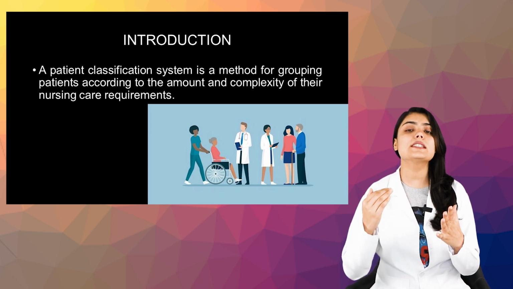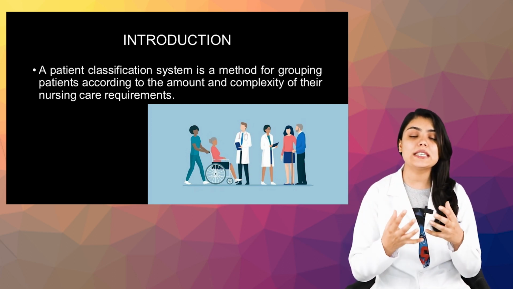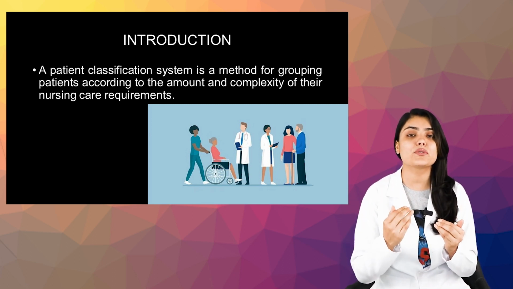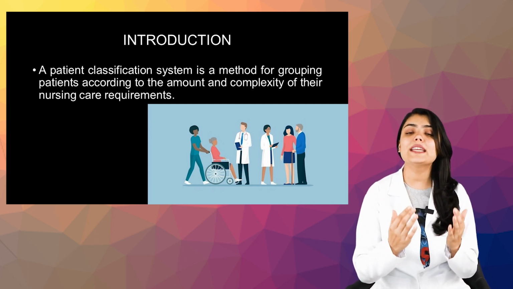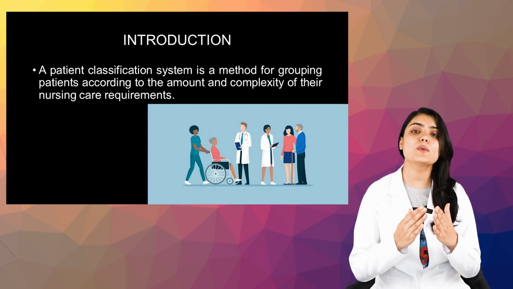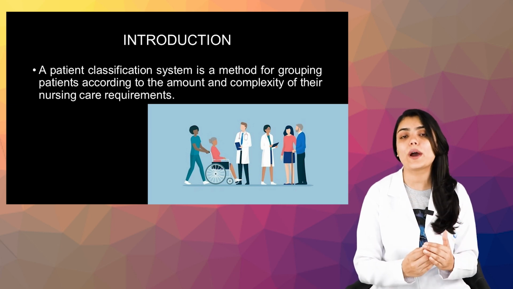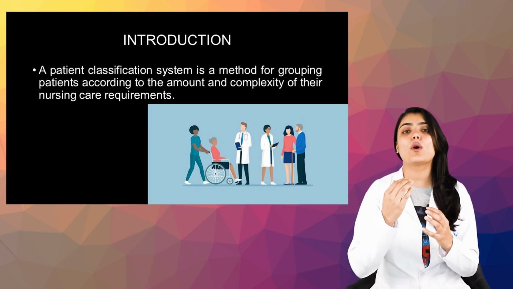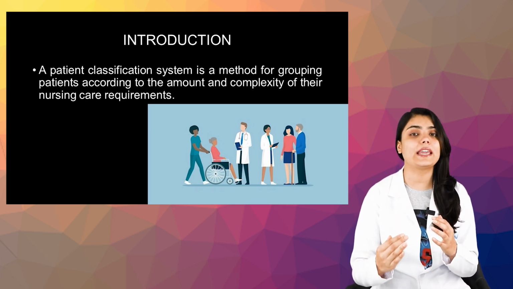So when we categorize the patient, we see how much time a nurse has to invest to provide the care, as well as the skill required for the nurses to provide the necessary care. According to the complexity of the care being rendered and the time that a nurse has to invest, patients are categorized into different groups.